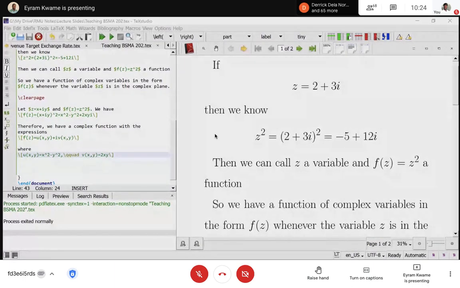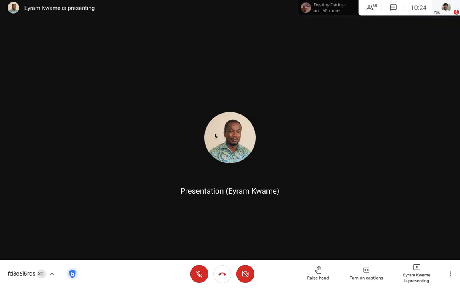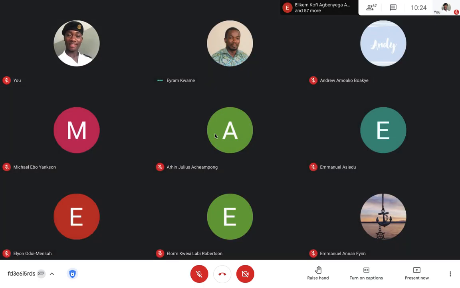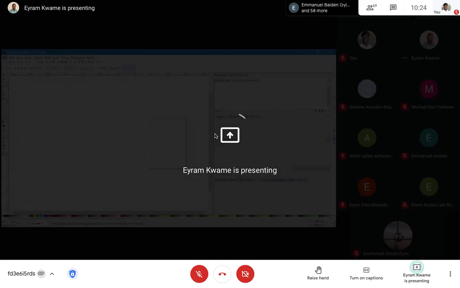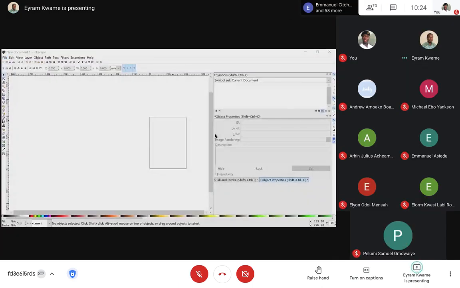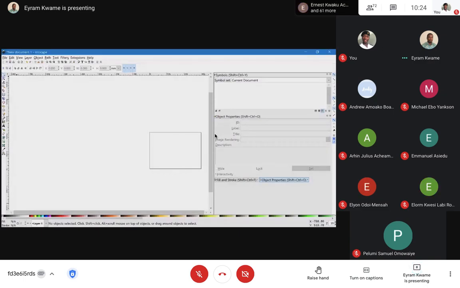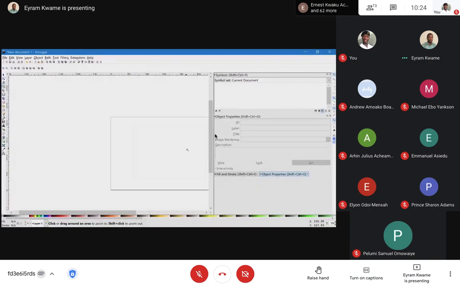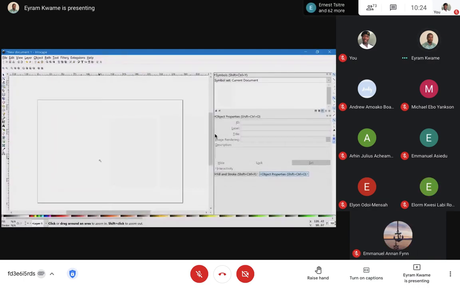All right, so I'm going to share my Inkscape screen with you now. Okay.